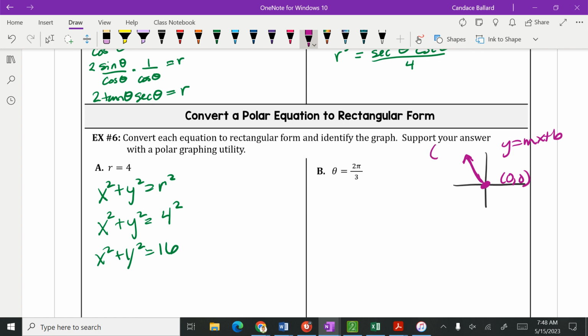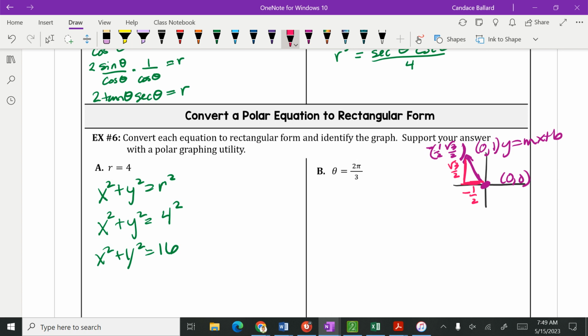At 2 pi over 3, we know some stuff about this. Don't we know the coordinates here? This is the way I'm thinking about this one. I know that this coordinate is out 0, up 1. So that means this has to be 1, that has to be square root of 3, and they're both over 2. The 1/2 has to be negative. Everybody good with that? So when I am thinking about this little slope triangle, in the x direction I've moved negative 1/2, and in the y direction I've moved square root of 3 over 2.